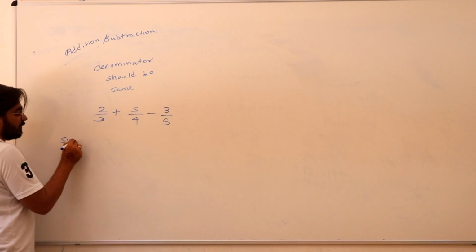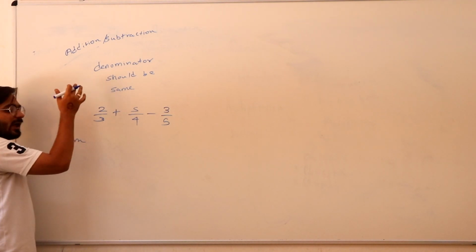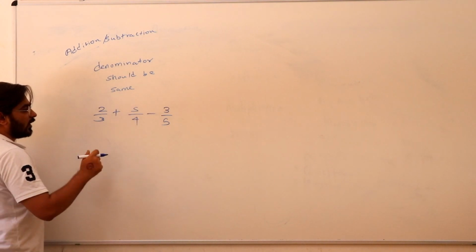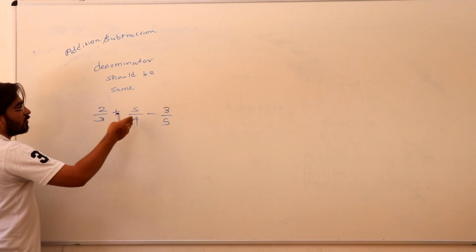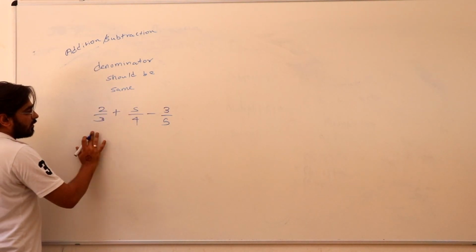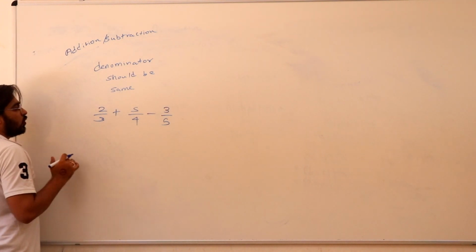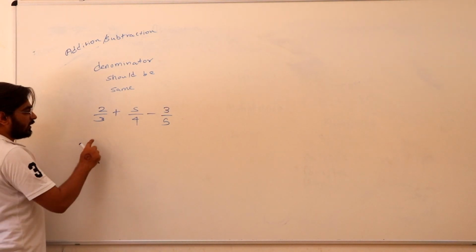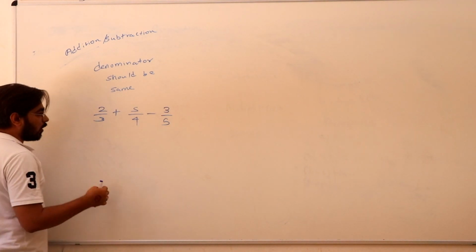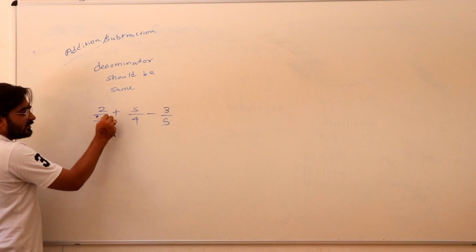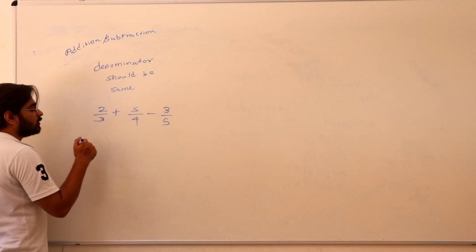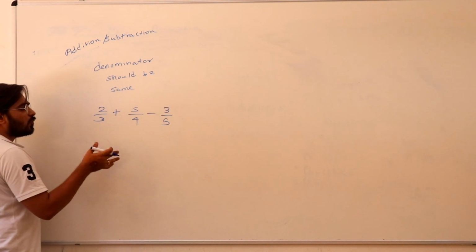Sum includes both addition and subtraction with the sign. Here there is a negative sign, so I cannot say that it is not a sum. It is still a sum, but it is a subtraction. Now all the denominators are different, so either we can find the LCM of these three together, or I can separately add these two and then subtract this number from the answer of these two. Understood? So we will do both the methods.